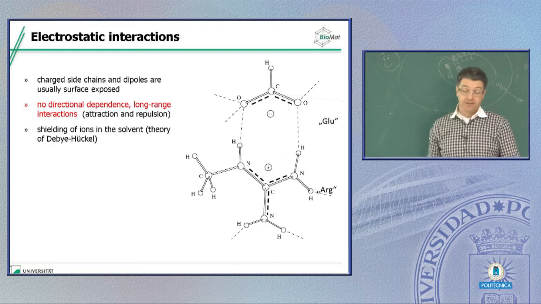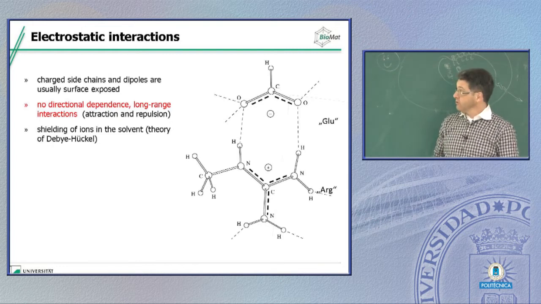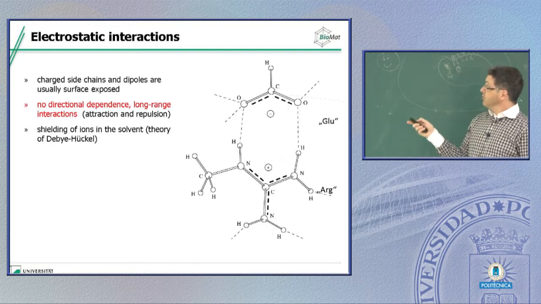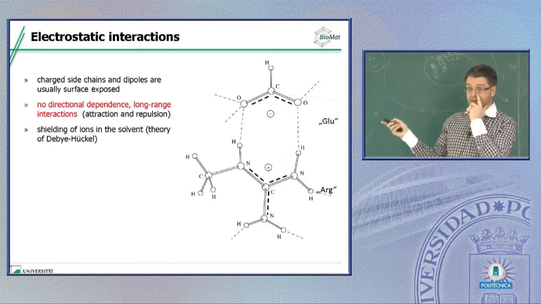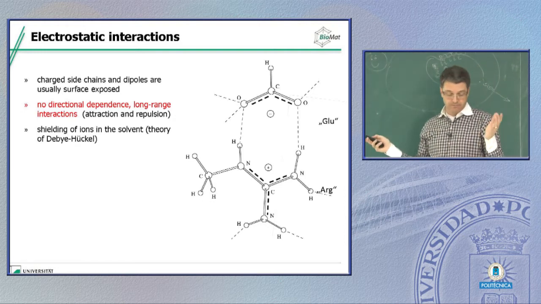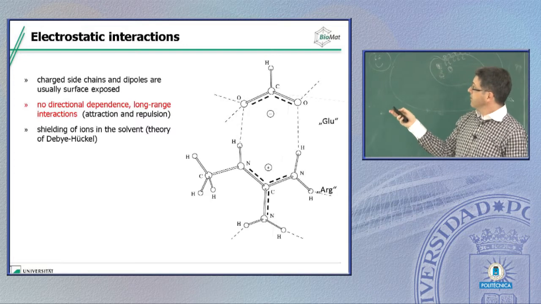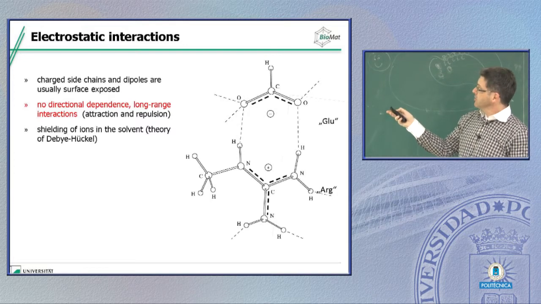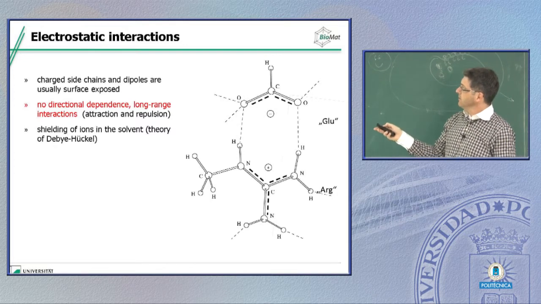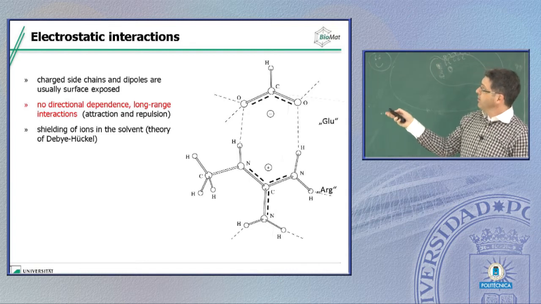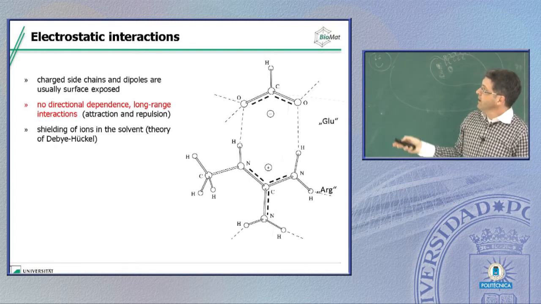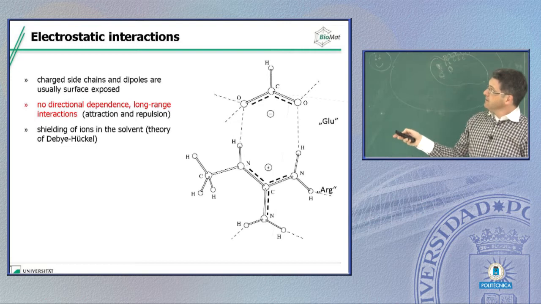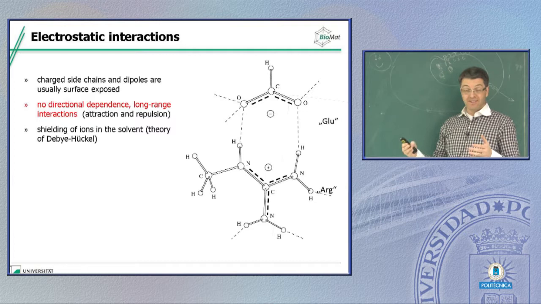Let's start with the electrostatic interactions, as I showed you yesterday. So you need a pair of charged amino acids, and this would be a pair coming especially from silk. So we have a glutamate, negatively charged, and we have an arginine, positively charged, and they can form what we call a salt bridge. So charged side chains, or also dipoles, are usually surface exposed.